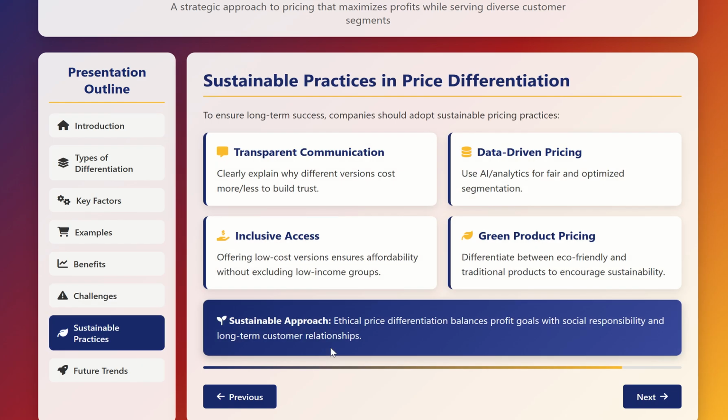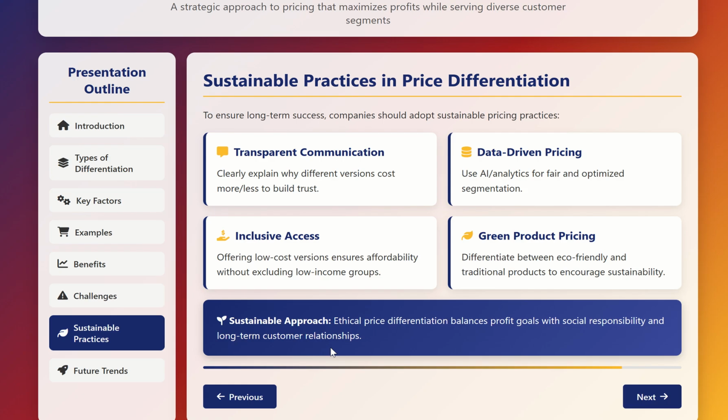Okay, sustainable factors that you can bring in when you're looking at product price differentiation. Sustainable, something that can sustain you, long-term success that you can adopt. What are these long-term sustainable pricing practices you can build in your approach?